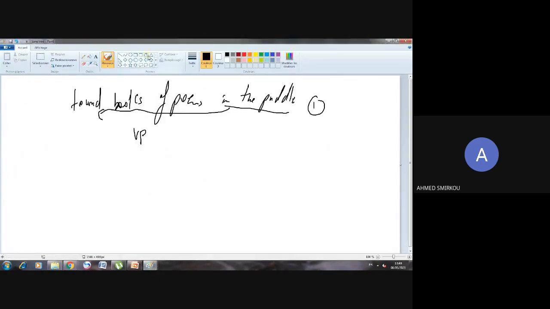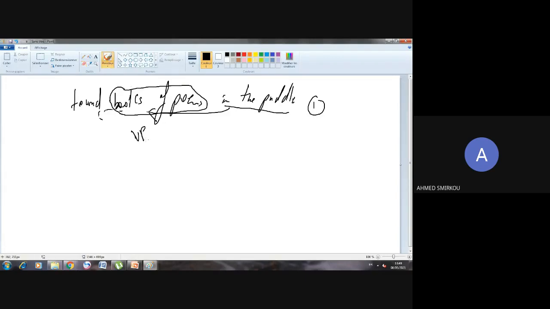So in the second interpretation, it must modify the NP, books of poems. It must modify books of poems which are in the parallel, not he found in the parallel. Okay, so the VP.